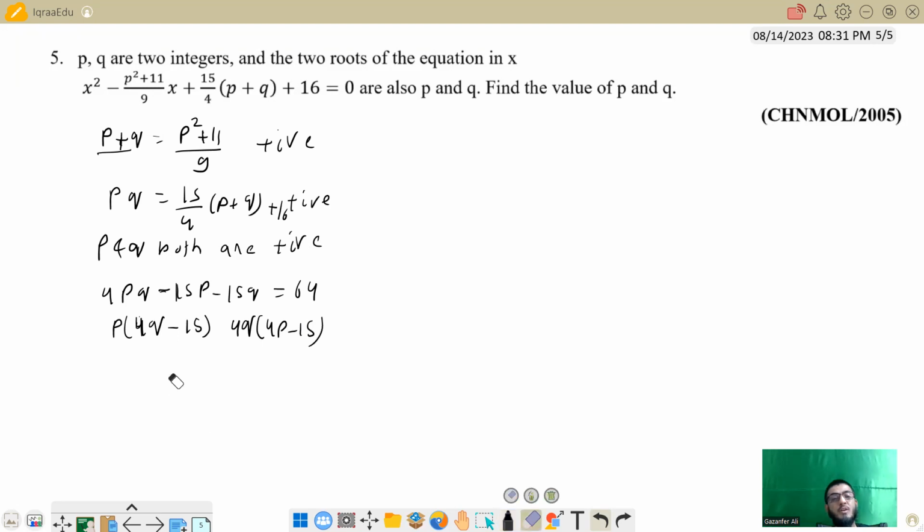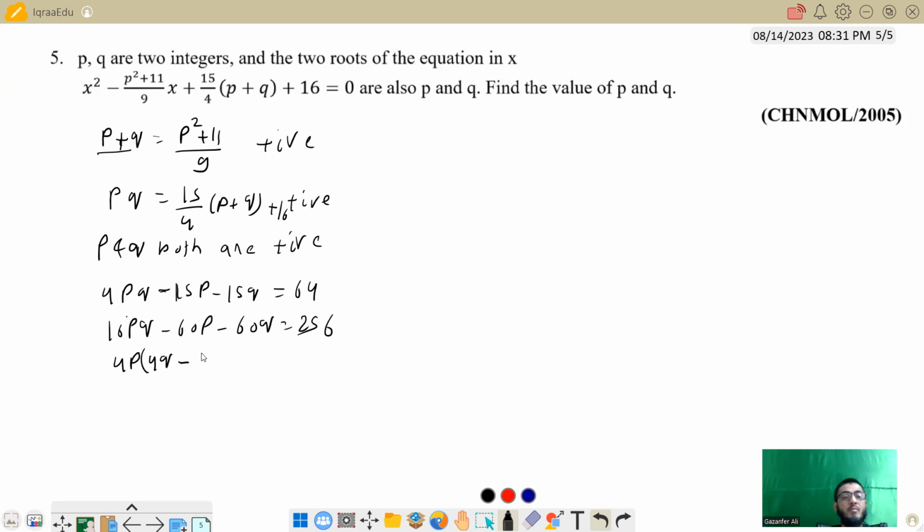So what I should do now is multiply the entire equation by 4, right? So 16PQ minus 60P minus 60Q is equal to 4 times 64, which is 256. So now 4P common, 4Q minus 15.